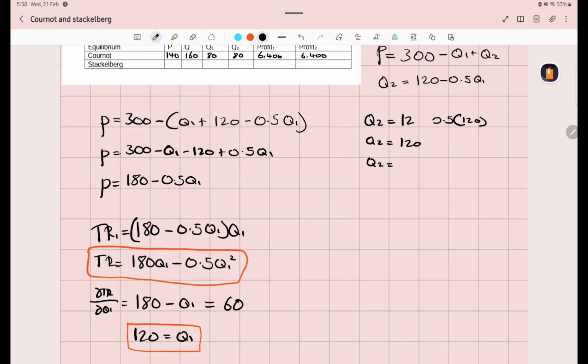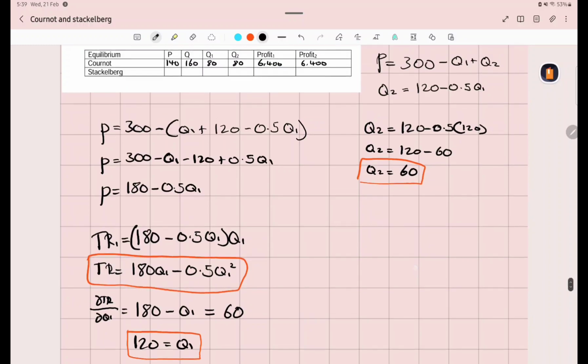Let's say minus 0.5, so minus 60, which makes sense because Q2 will produce half of the output of firm 1, the leader. The follower will produce half of the quantity that the leading firm produces.